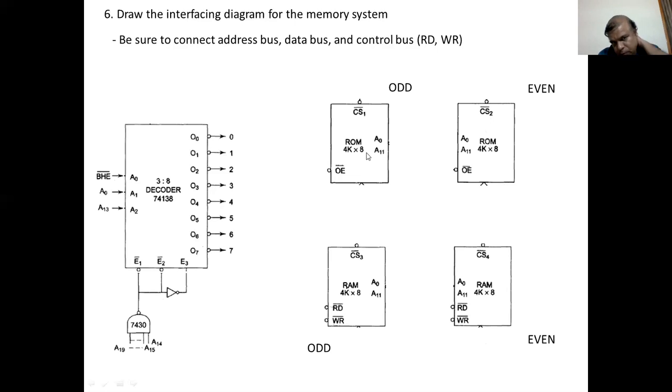See the pin connections of the ROM. It has a chip select signal, which will select this memory device. So the output of the decoder is connected to one of these chip select signals, to select either the even or odd banks.